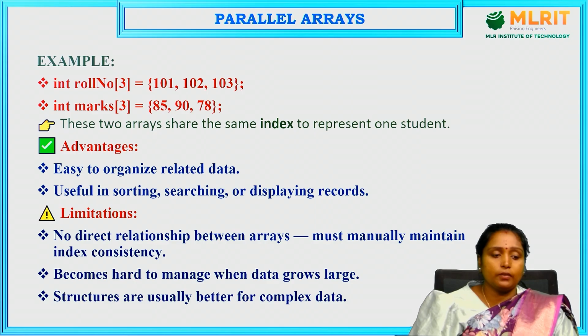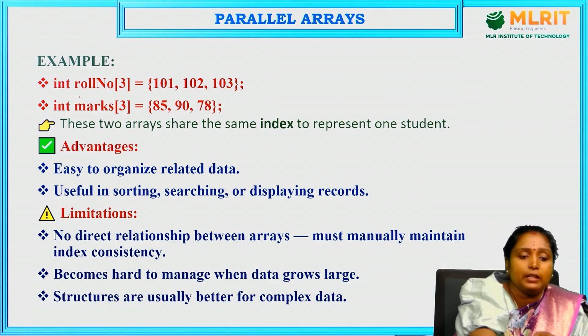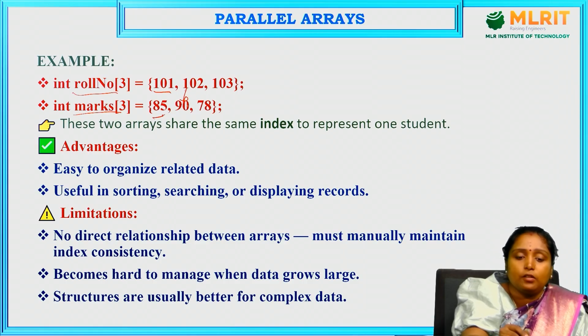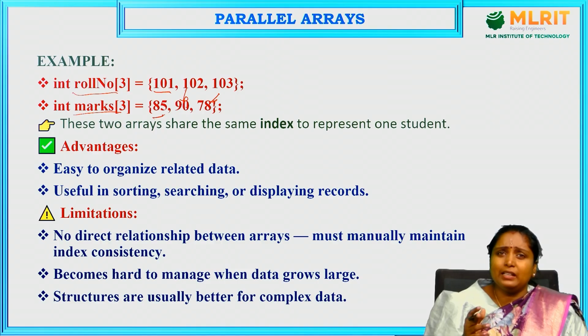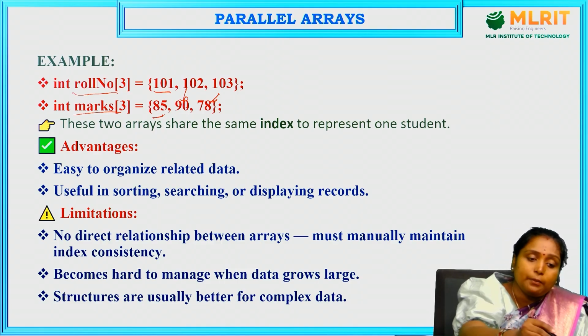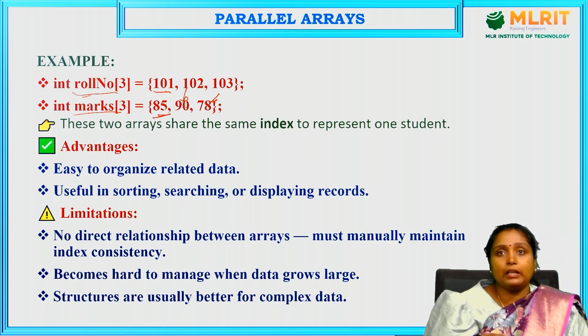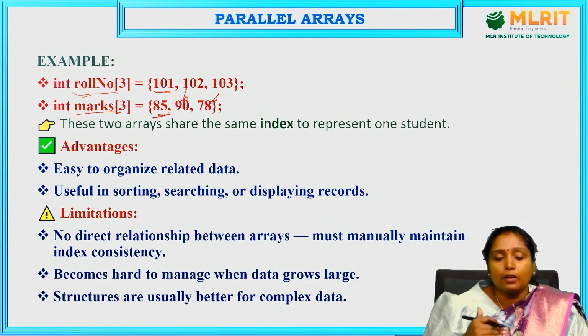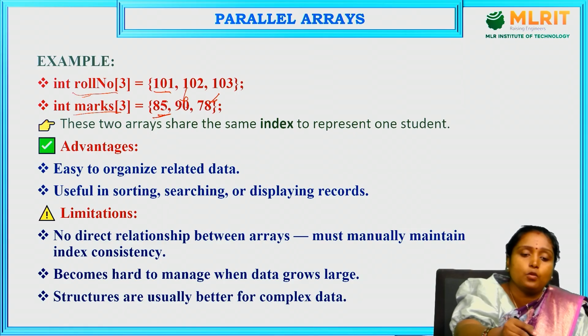For example, if I have 3 roll numbers and their marks, 101 has got 85, 102 has got 90, and 103 has got 78. There is no direct relation between these two arrays, roll number and marks, but if I write this roll number, I get these marks. They are not in one particular array, they are 2 different arrays, but we relate them to each other.